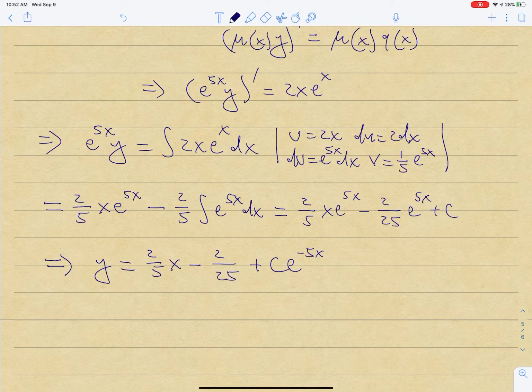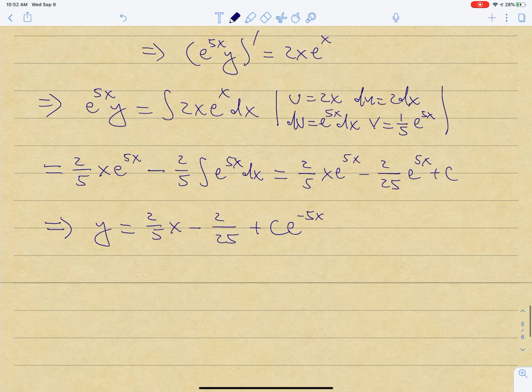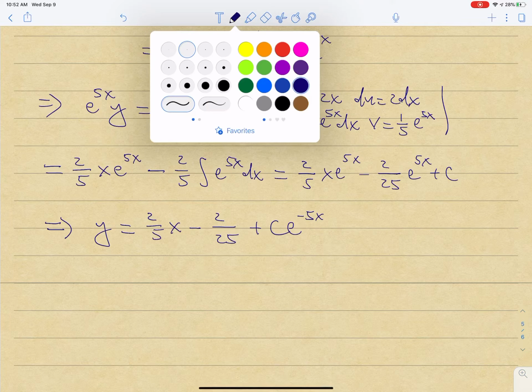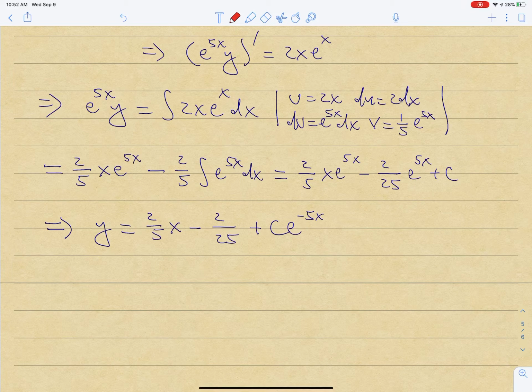Let me check one thing here. Let's verify the following property. We have, in this case, a solution which consists of two parts. One part is 2/5 x minus 2/25, which does not depend on the unknown constant c.